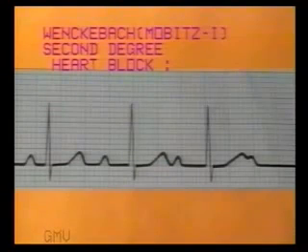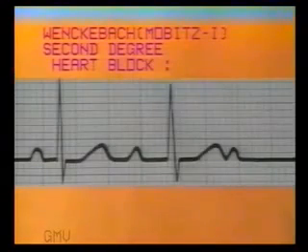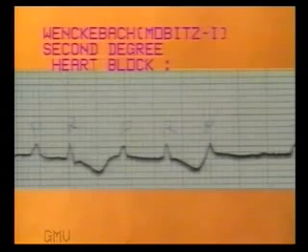This phenomenon, where the PR interval gradually increases till a beat is dropped, is termed as Wenckebach phenomenon. Then again, the next beat will show a normal PR interval and the process will continue again. Note this strip. The first PR interval is 6 millimeters, the second PR interval is 8 millimeters, and the third beat is dropped.